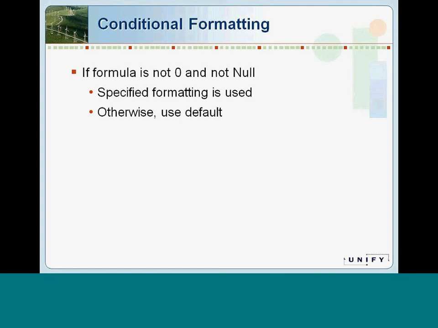On conditional formatting, I want to go back to this because it's important to realize how this works. If you have special formatting set, either a different font or a different color specified, and you have a formula in the properties that is not 0 and not null, that formatting will be used. Otherwise, if it's 0, the formatting will not be used.